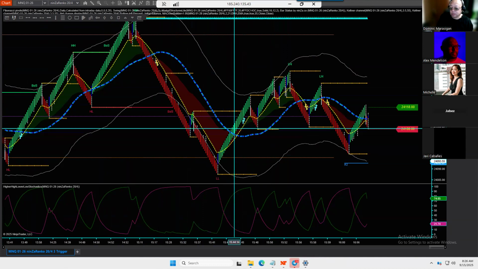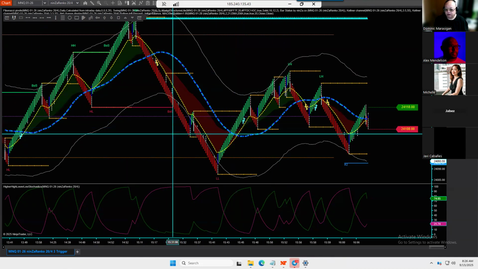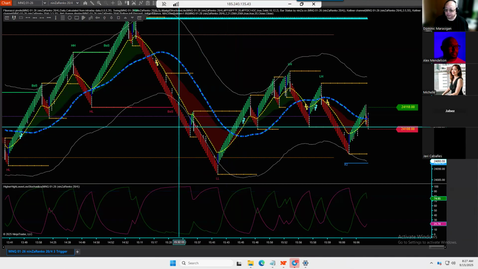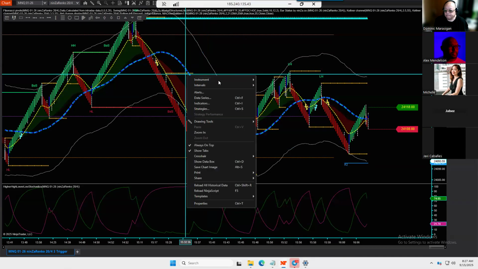Since I have the Keltner channel, that's why it's kind of off. Now, if I take out the Keltner channel and just have the crosses, which would also work, or we can have the Keltner channel and I can have this indicator.